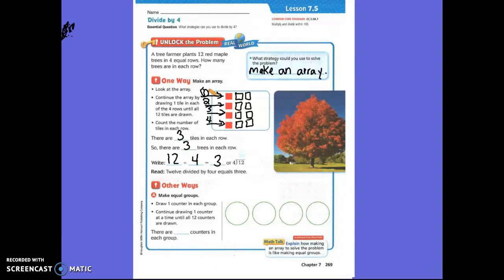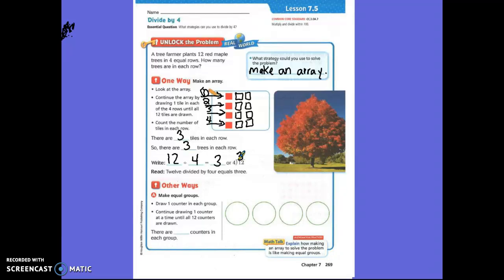Right, Timon? 12 is the number inside, 4 is the number outside, so the answer should go on top. What's the answer? 3. Twelve divided by 4 equals 3.